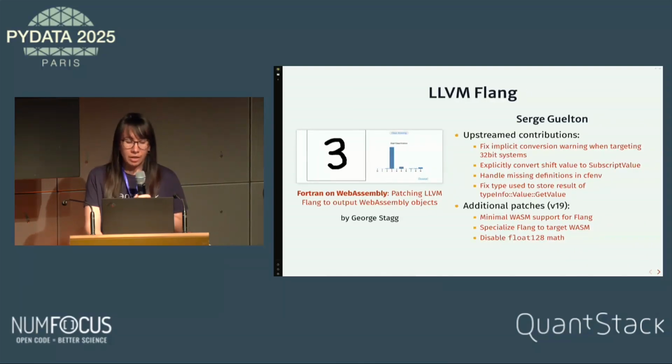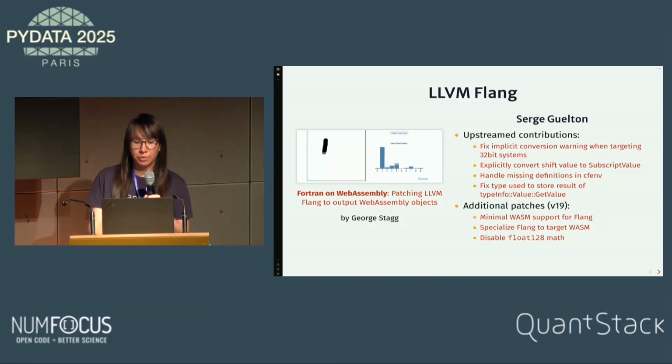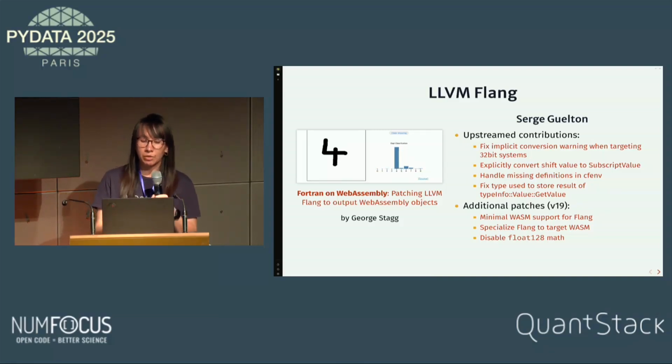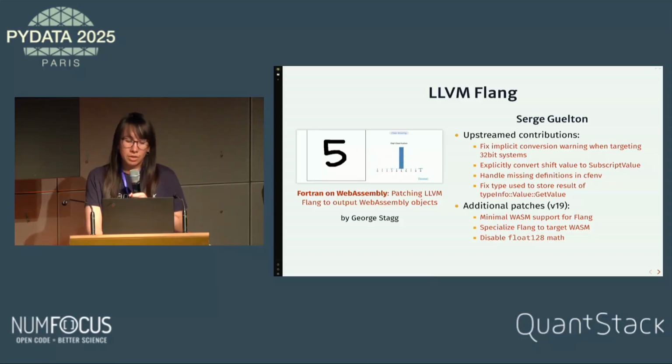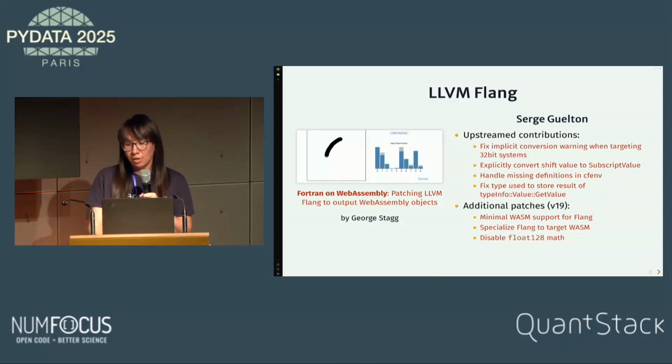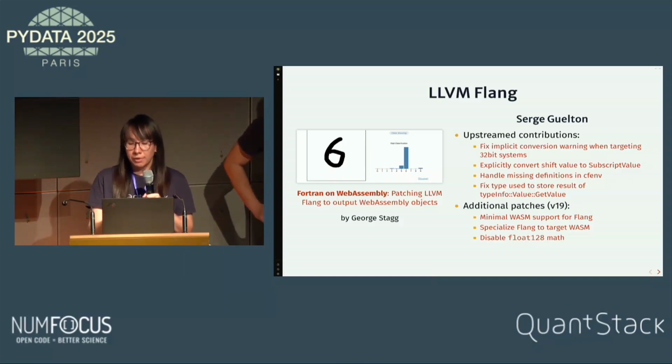Luckily, George Stagg, the developer of the WebR project, wrote a very detailed article about how to patch LLVM Flang so that we could output WebAssembly objects. So we took his ideas and created patches, with the help of Serge Guelton, to apply to LLVM Flang.